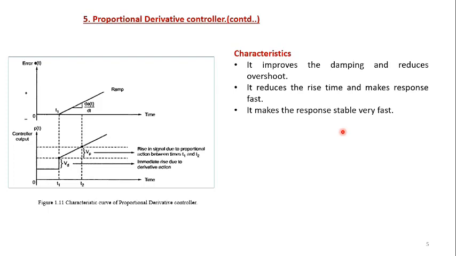Because of springs and dampers, any sudden shock or vibration is damped and the vehicle is brought to stability. The same thing happens with engine tuning. There we have this PD controller so that vibrations are reduced, the rise time of the engine RPM is reduced, and the response becomes very fast and comes to stability.